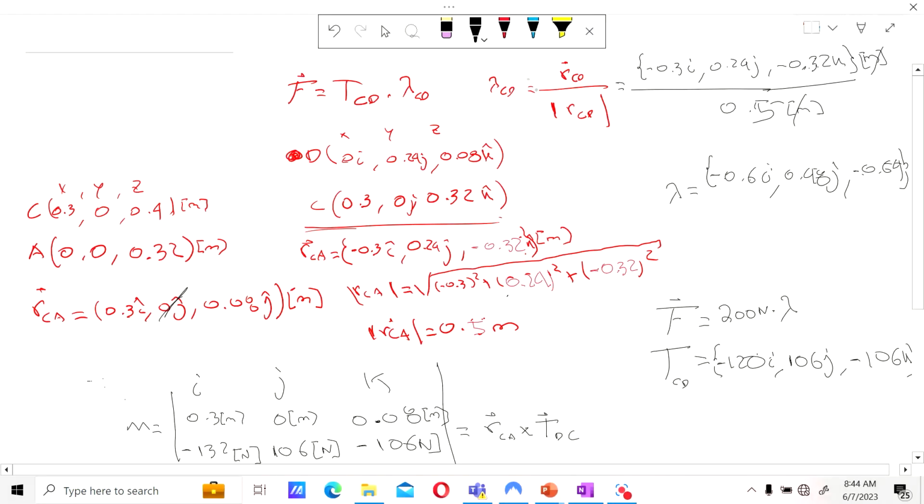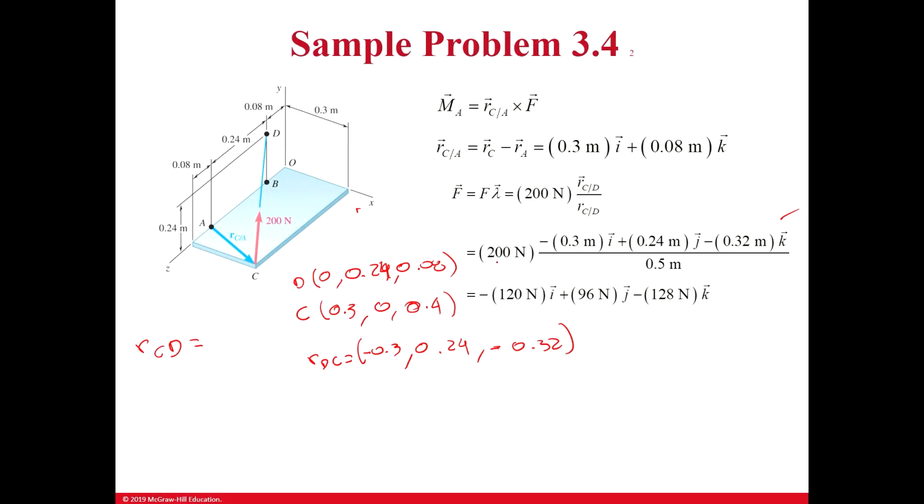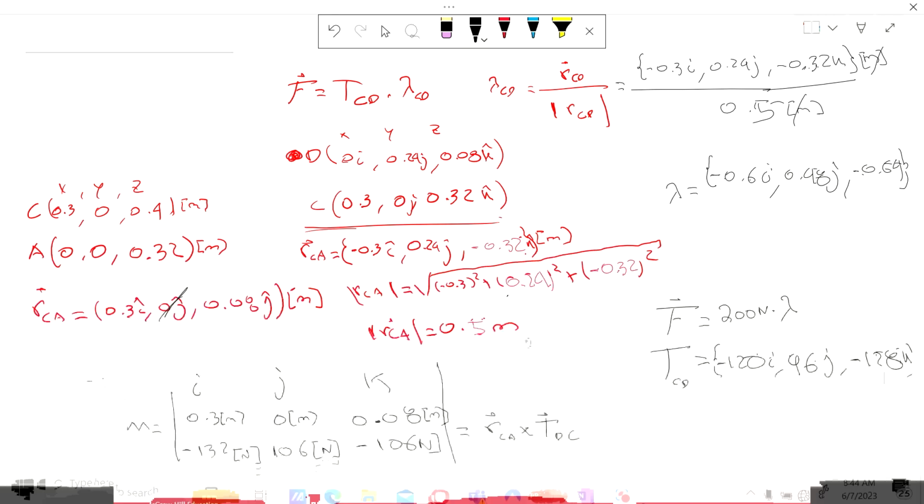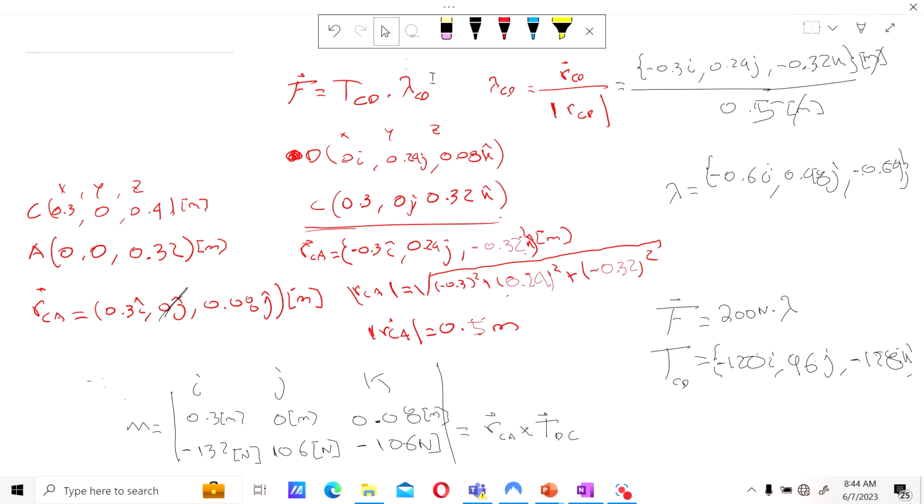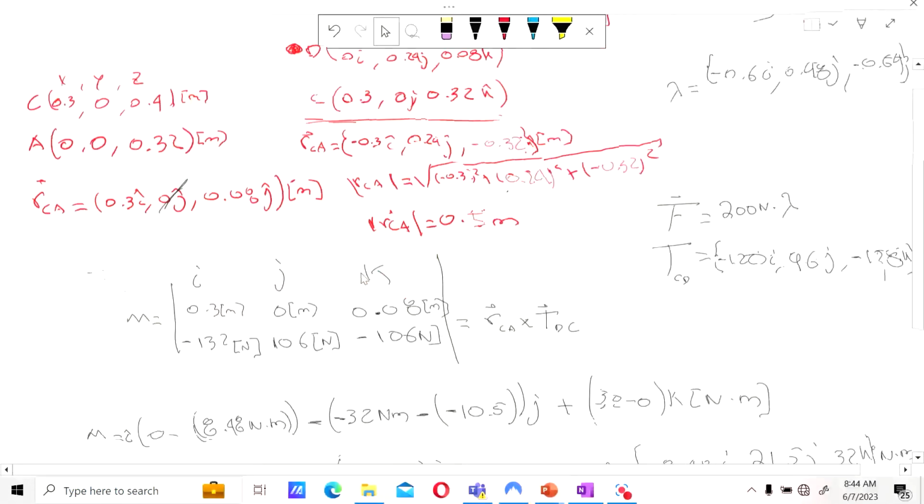106 is not going to be correct, and this is not going to be correct. Let's go back and say 0.48 times 200 is 96, and negative 0.64 times 200 is negative 128. Negative 120, 96, negative 128, yep, okay. So this part needs to be fixed as well.